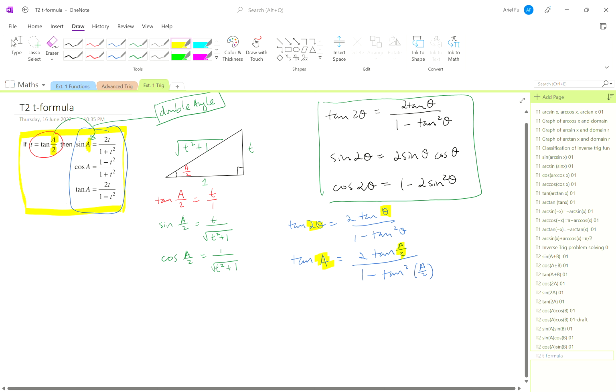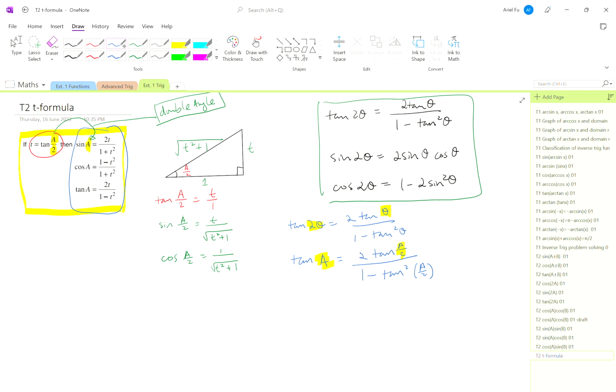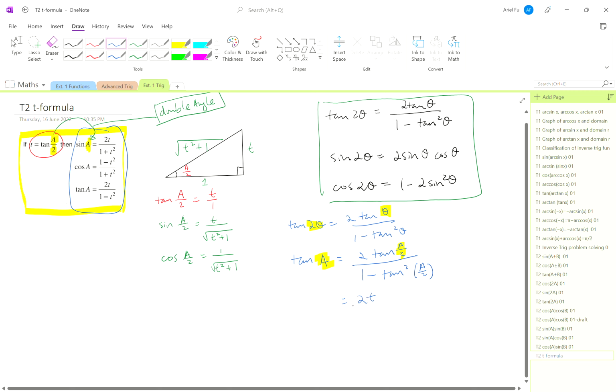Now what was A on 2? A on 2 was T. So this is the same as 2T over 1 minus T squared. That's the last one on here.